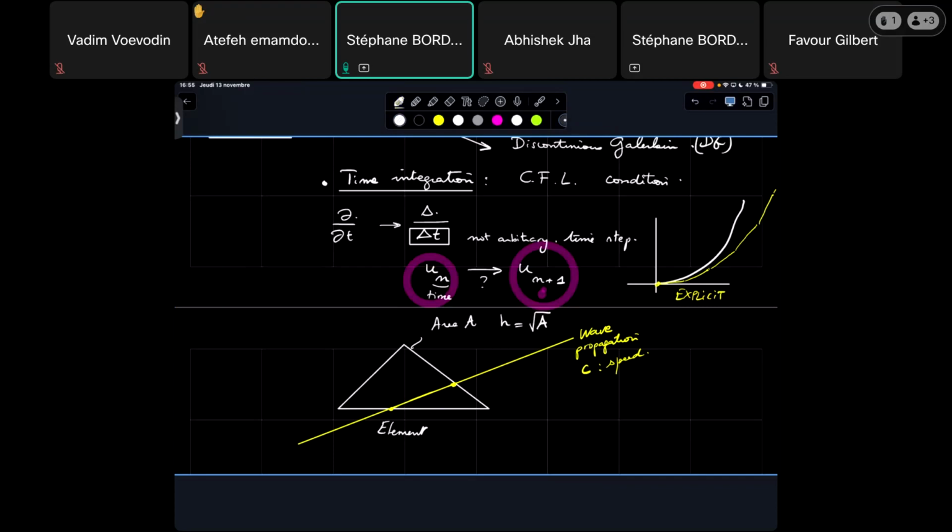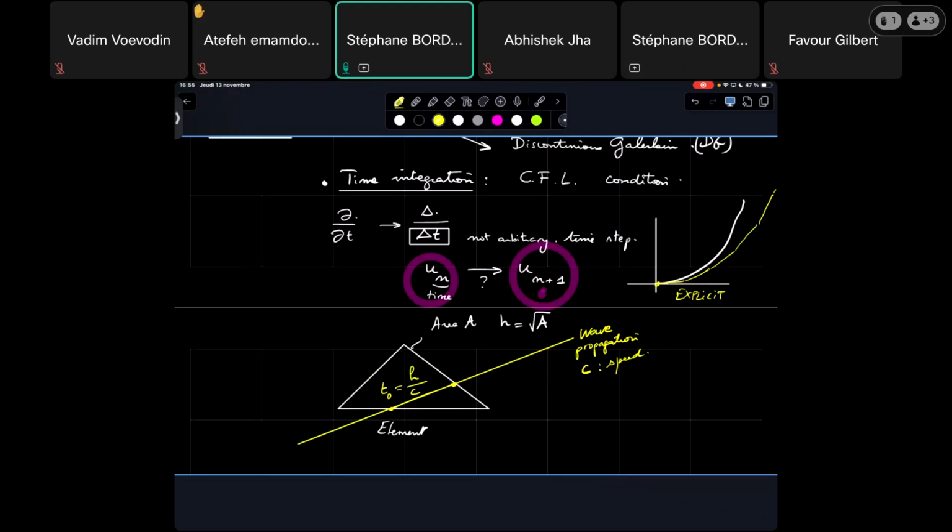And if you know that the wave is propagating at speed c, then you know that the t, let's call it t0, that the wave needs to traverse the element is going to be the size of the element divided by the speed of the wave. And what you want is that your time step be smaller than the time it takes for the wave to cross any element. Because this way you have enough information.